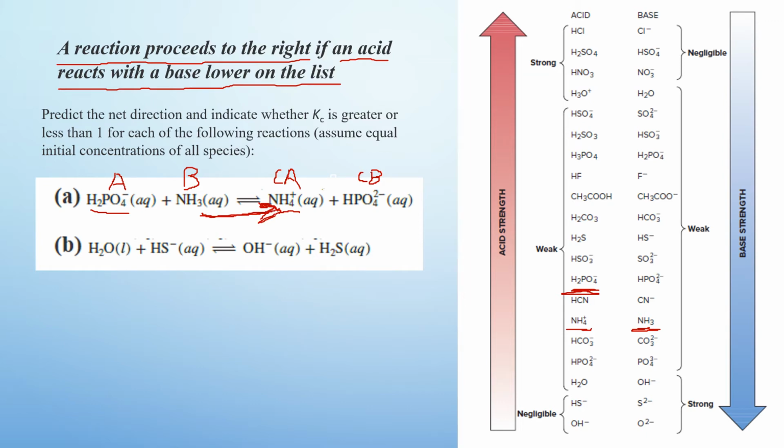For the second reaction, again, first let's identify which one is the acid and which one is the base. I think water is the acid, because water is the one that donates the proton. So I'll say water is the acid, and the conjugate base is the hydroxide ion.